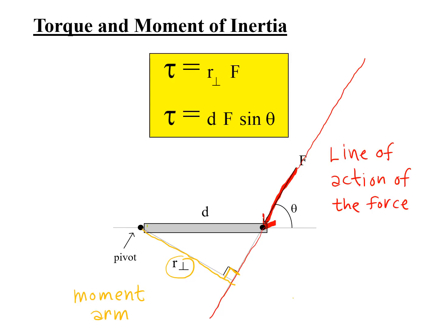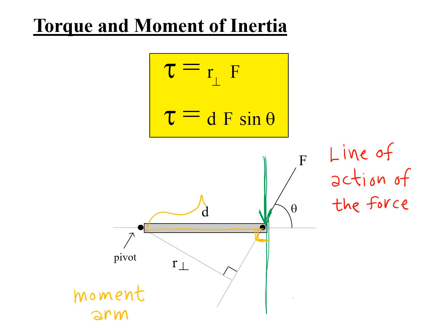For example, in this particular case, if I were to take that same size force, but apply it along a different direction, such that I took the force now and applied it at the same location, but perhaps in a direction more like that, then when I take the line of action of the force, and now I drop down my moment arm perpendicular to that line of action, I see that I have a much longer moment arm than what I did previously.